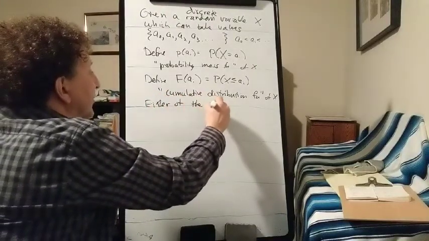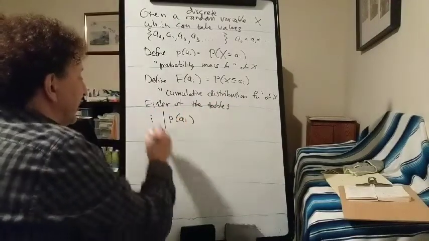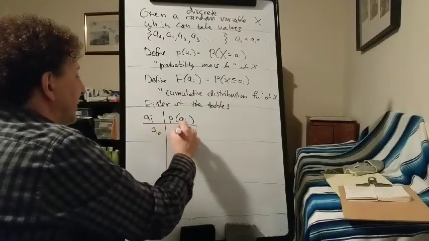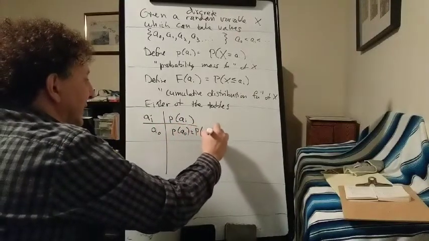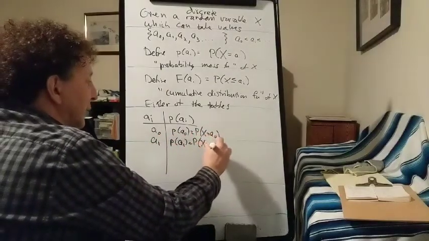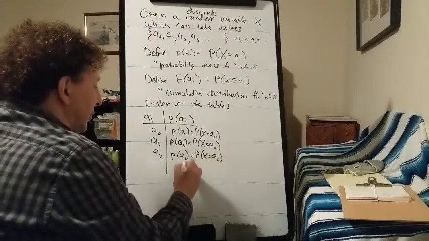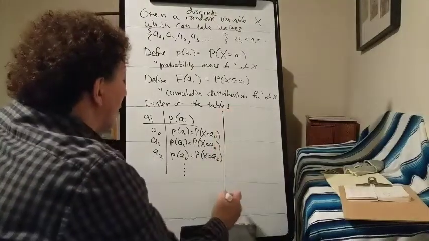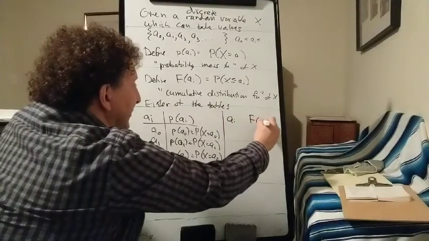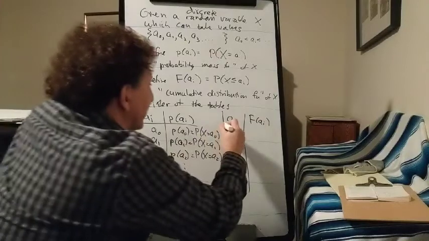Now, either of the tables: we can make a table with ai and p of ai, so a0, p of a0, which is the probability that X equals a0, a1, little p of a1, which is the probability that X equals a1, etc. We could put all of these probabilities into a table, or we could have ai and capital F of ai, a table for the cumulative distribution function.